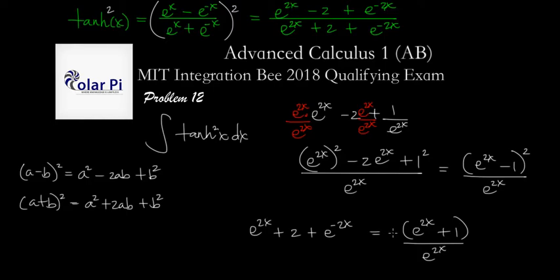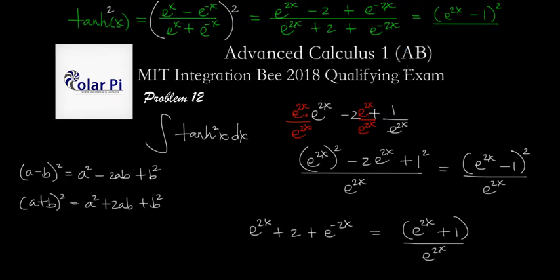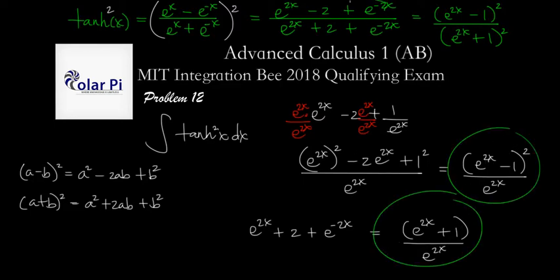So that means this quotient up here can be written as simply e to the 2x minus 1 squared divided by e to the 2x plus 1 all squared. That's because I did this divided by that, which is the same as doing this divided by that, right? Okay, cool. Hopefully you were listening. All right.